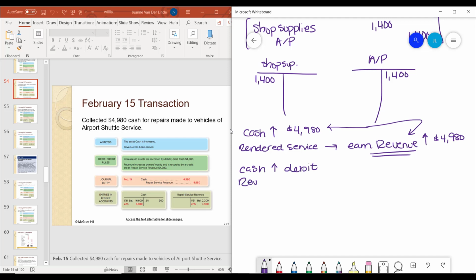And remember, how do we record increases to revenues? That's with a credit, because it increases owner's equity, and owner's equity goes up with a credit. So debits before credits. So we're going to debit cash first. Skip a line, indent a little bit. And we're going to credit, probably we can be more specific.